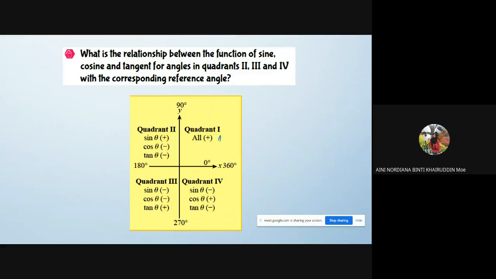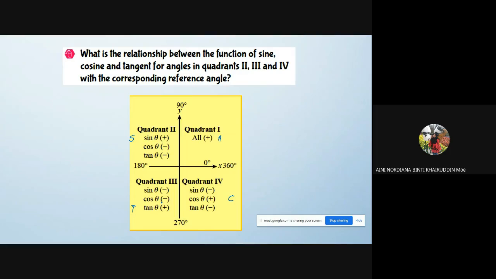All sine teacher cube. So apa maksudnya? At quadrant 1, the value of sine, cosine and tangent all positive. At quadrant 2, only sine positive, meaning the value of cos theta and tangent theta negative.